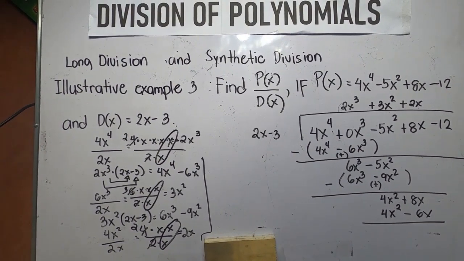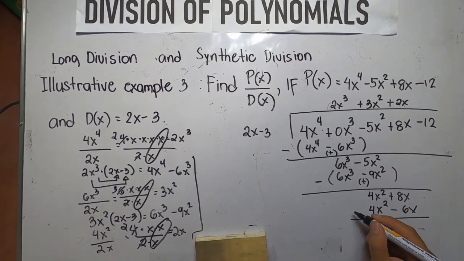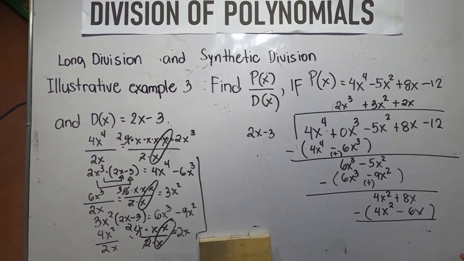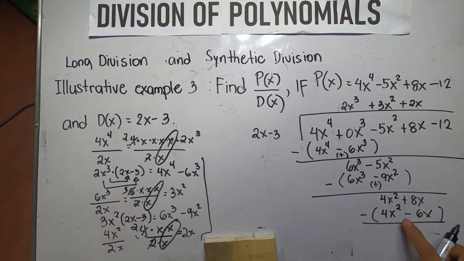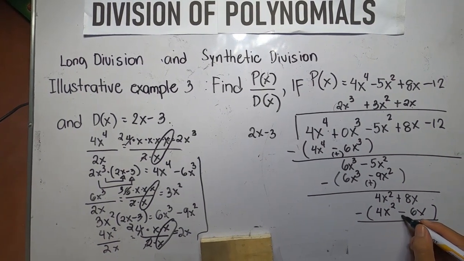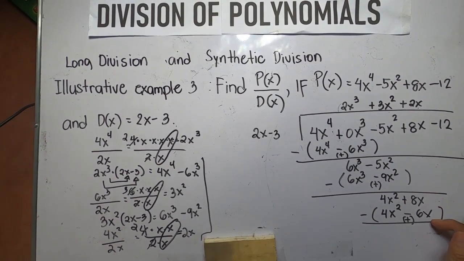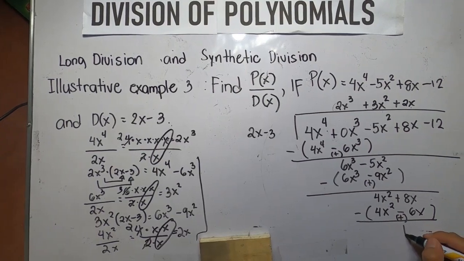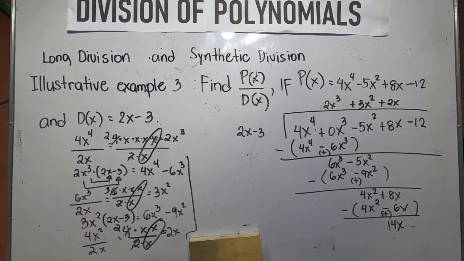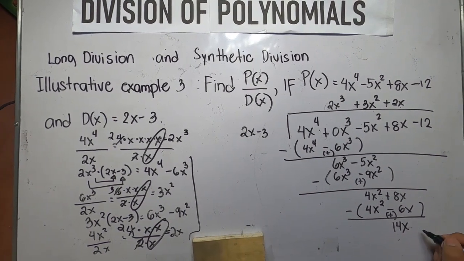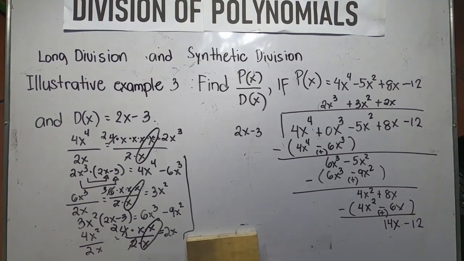Then, subtract. 4x squared minus 4x squared is 0x squared. 8x minus negative 6x, this will become positive. Then proceed to addition. 8x plus 6x is equal to 14x. Then, bring down the last term, that is the constant, negative 12.